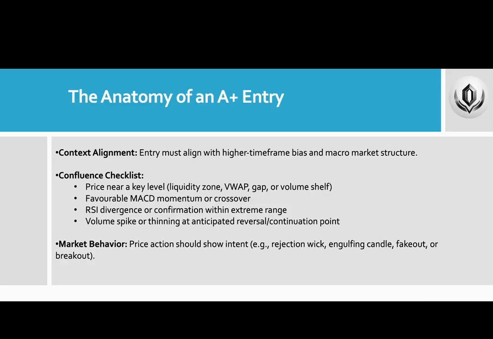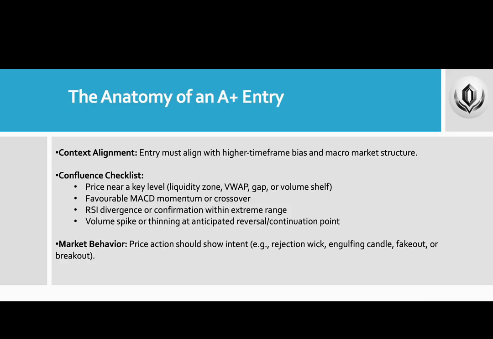Is volume spiking when the move triggers, or is it drying up into a reversal zone? These are by no means all the confluences. Everyone and every strategy has different combinations of things, but these are key ones: liquidity, MACD, RSI, volume. These are key and core tenets that can be applied to pretty much any strategy. And even without a strategy, these are the core tenets of being able to read the chart, the tape, the setup.